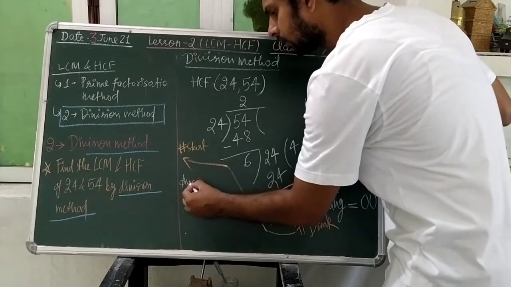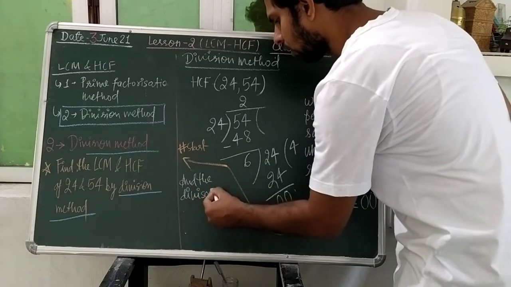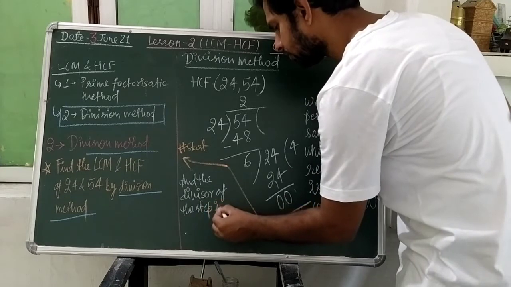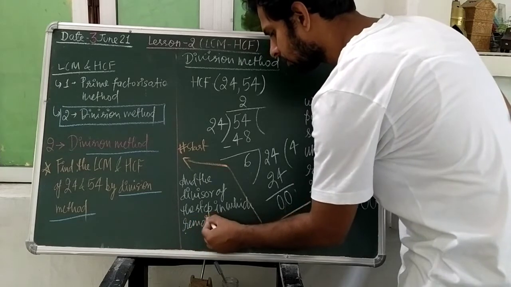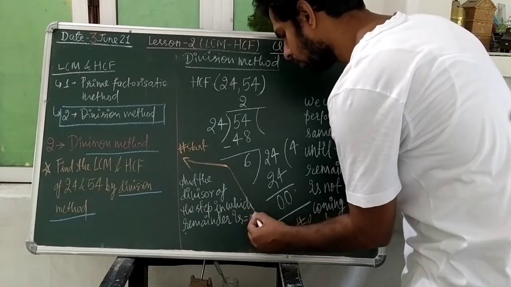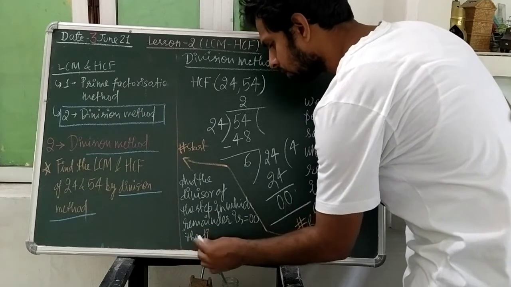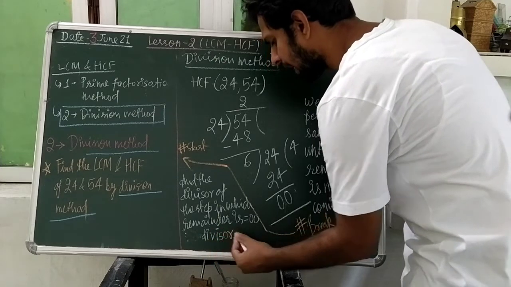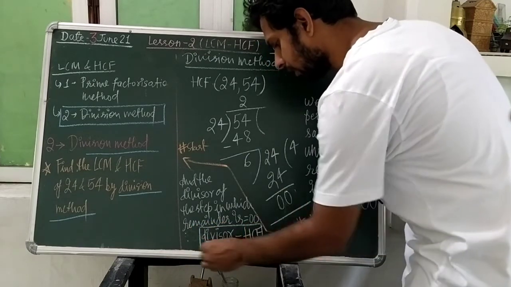The divisor of the step in which the remainder is equal to 0, the divisor of that step will be the SCF.